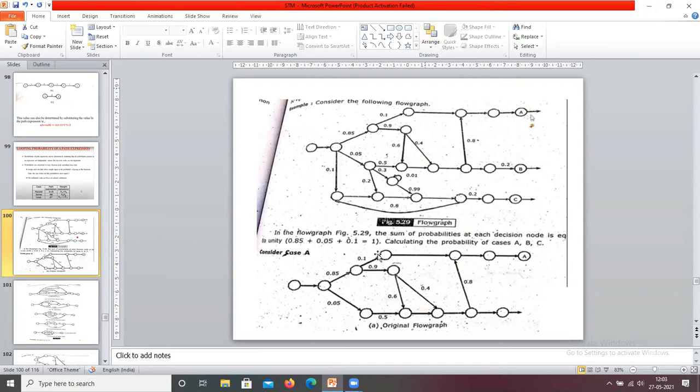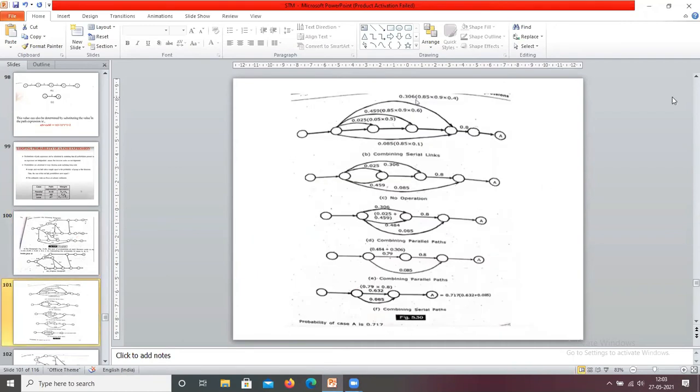So all these are the serial graphs. Now you can apply combining the serial links. These are the values, 0.85 into 0.85 into 0.1. So all these are the values we got after combining the serial links.